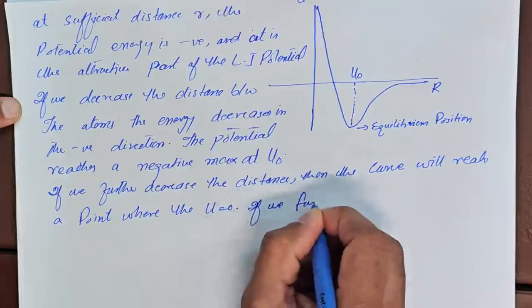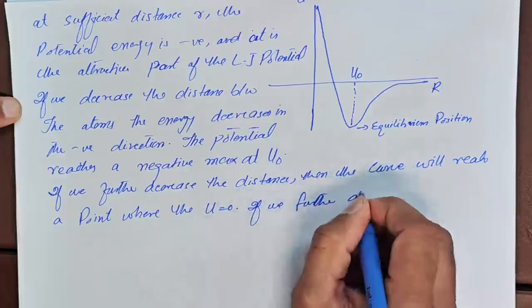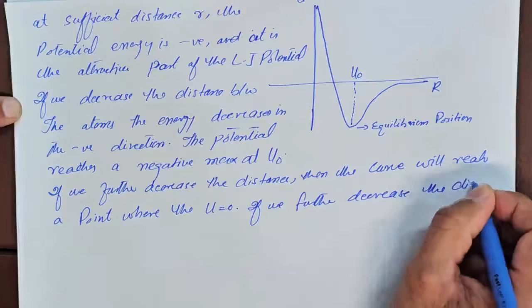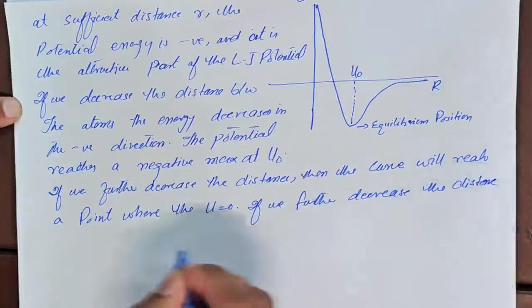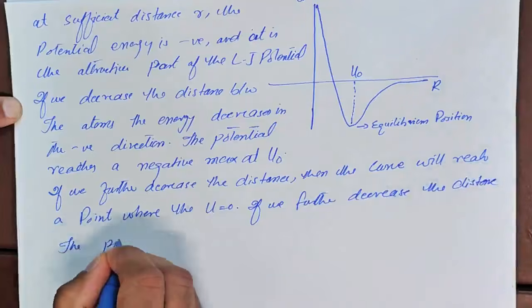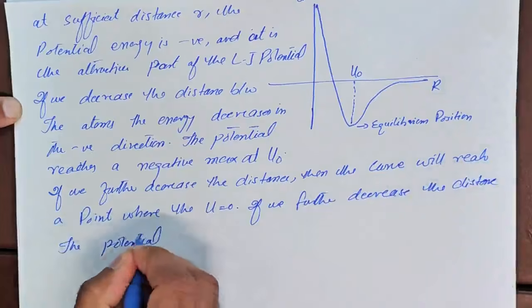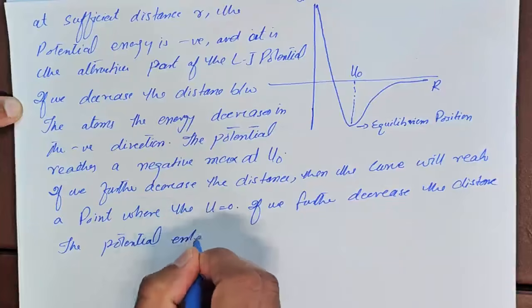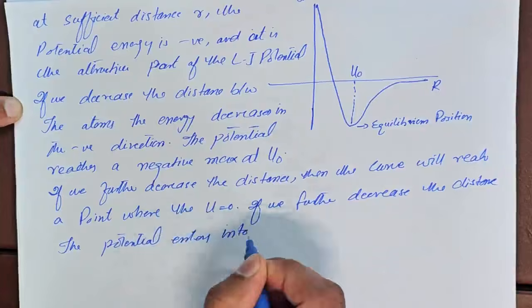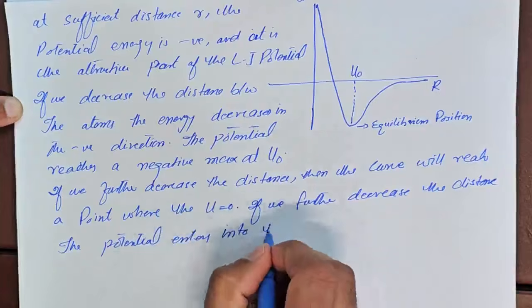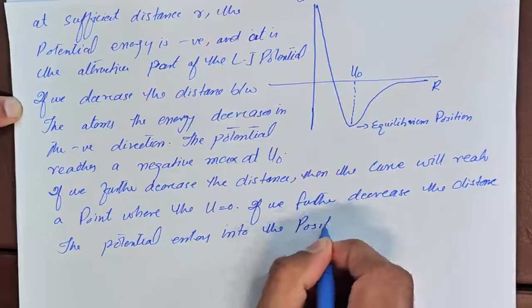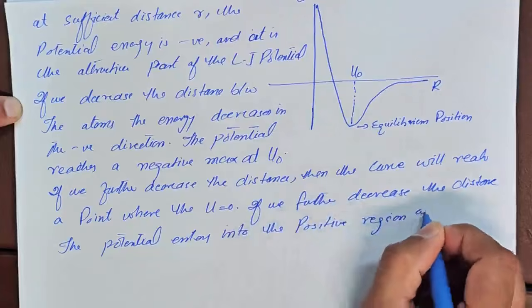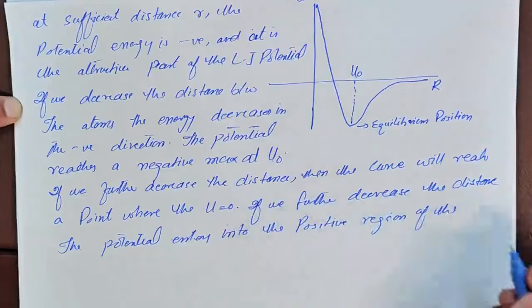If we further decrease the distance, the potential enters into the positive region of the curve.